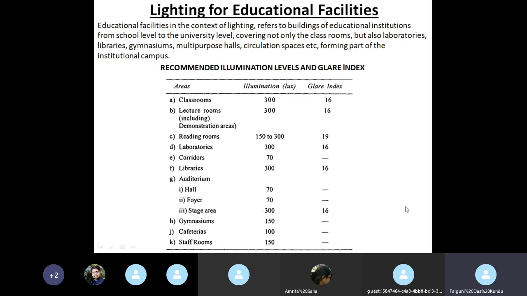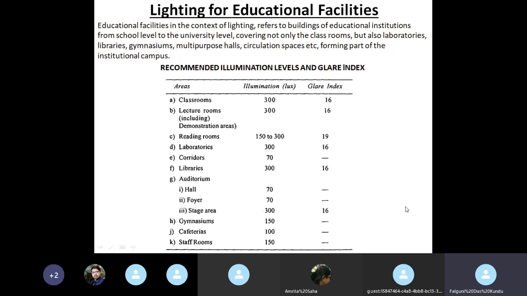For the classroom, the illumination in lux is 300 and the glare index is 16. In case of lecture rooms, including the demonstration areas, the illumination level is 300 lux.